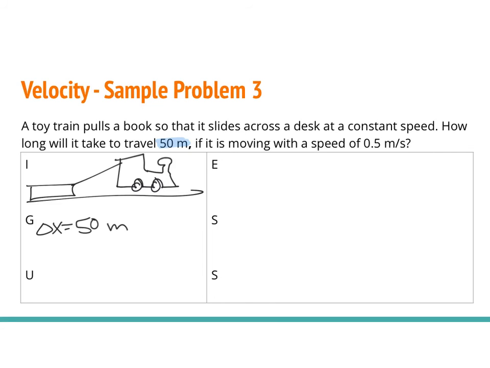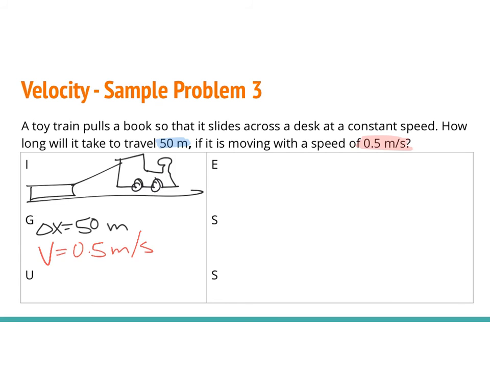And our other given is that it is moving with a speed of 0.5 meters per second. Meters per second is a velocity. So I'm going to put velocity equals 0.5 meters per second. And those are the only numbers we have, so those are the only givens.